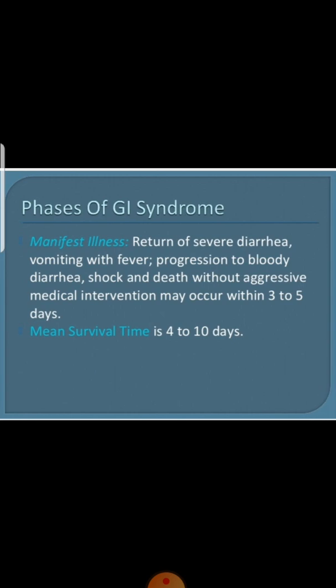The next period is the manifest illness, and it will begin with a second wave of nausea and vomiting, followed by diarrhea, and the patient will experience a loss of appetite, that is anorexia, and may become lethargic. And the mean survival time is 4 to 10 days.